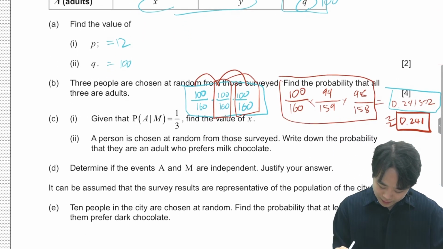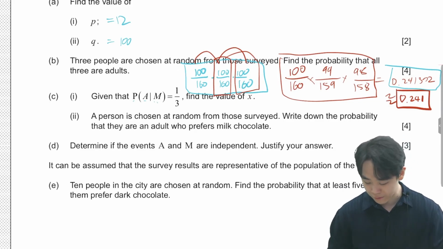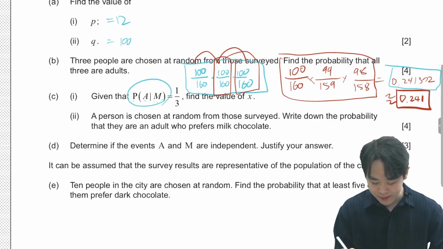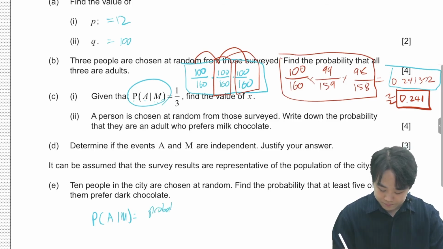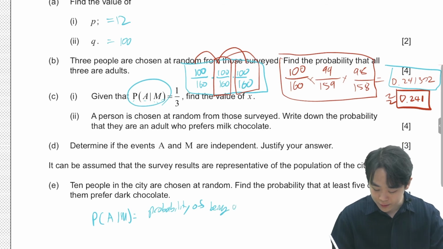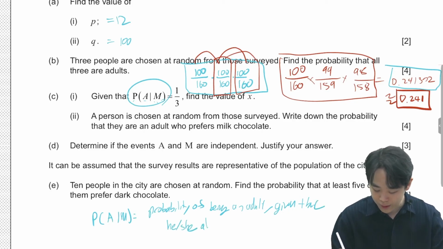Okay. Now, C says P of A given M, A bar given M is 1/3. Find the value of X. Okay, so what does this mean? This is conditional probability. So P of A given M is the probability of being an adult, or choosing an adult, given that he or she already likes milk chocolate.